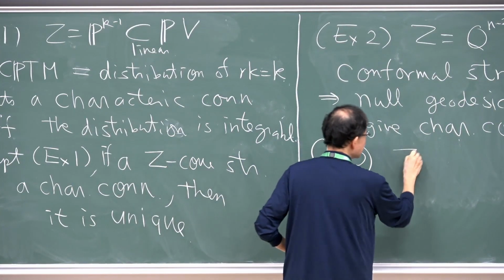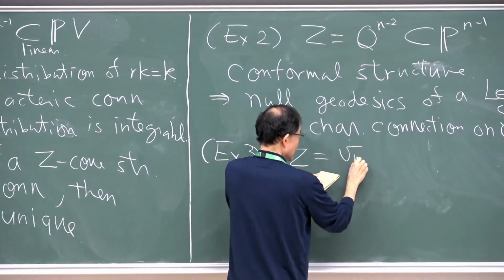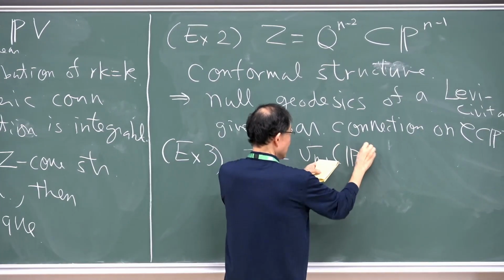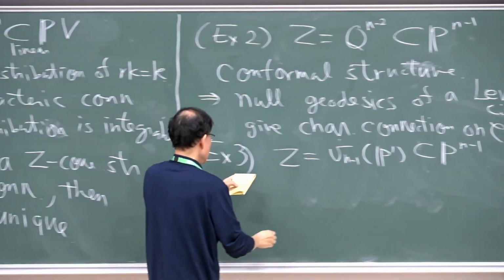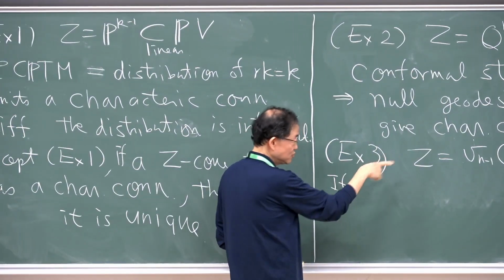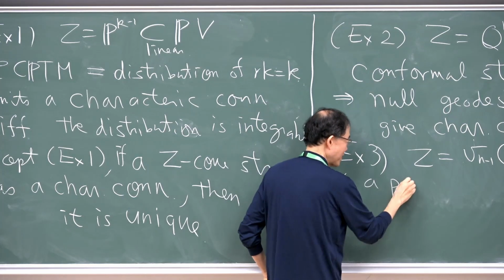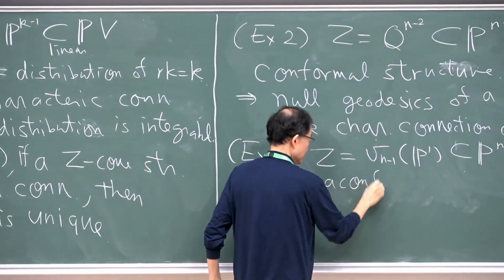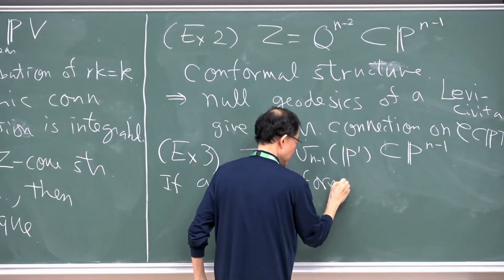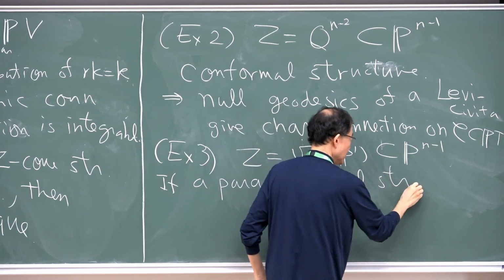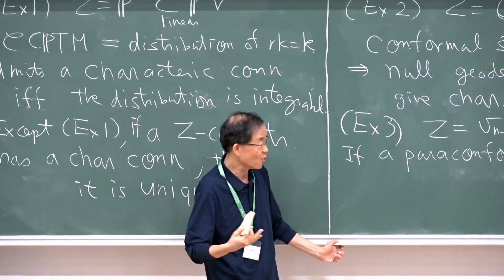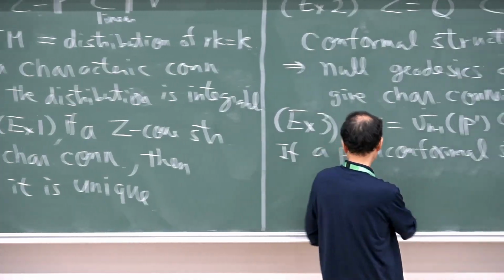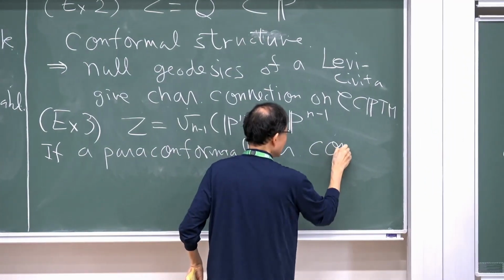And example 3 was our rational normal curve. This we call the paraconformal structure. Many examples of paraconformal structure come from ODE.